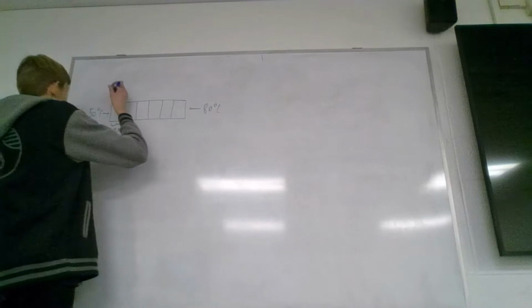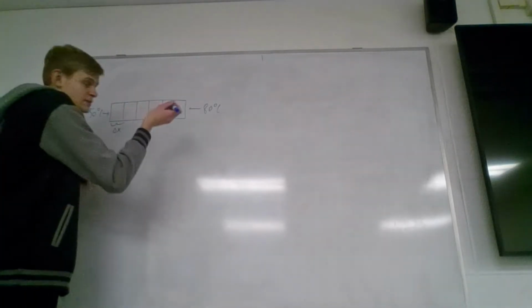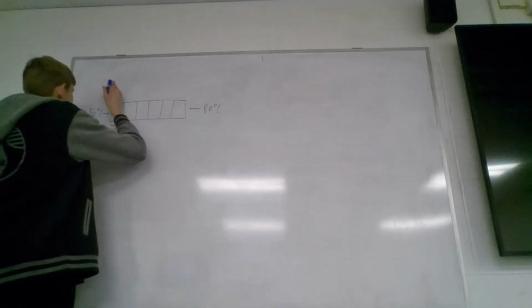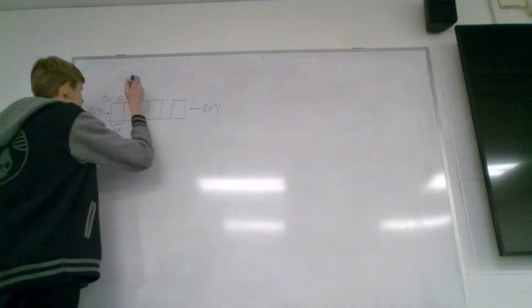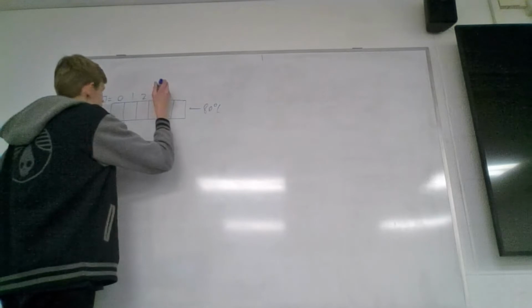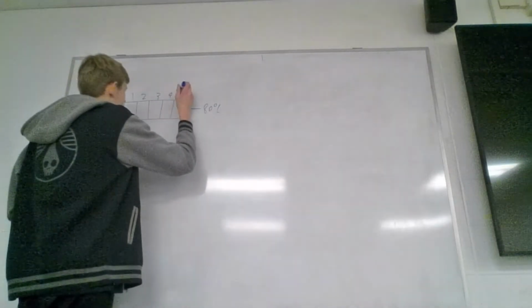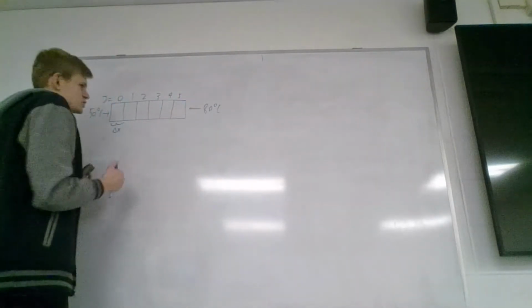So J at this first position is going to be 0. It's going to go 1, 2, 3, 4, 5. And this is just an arbitrary number.